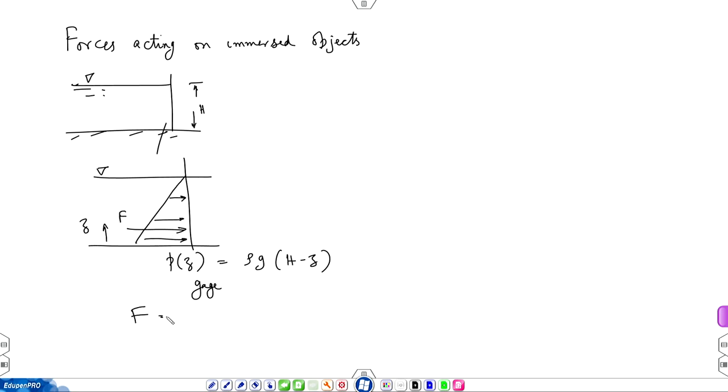F is obtained by integrating pressure, which will turn out to be just rho g h times h over 2.